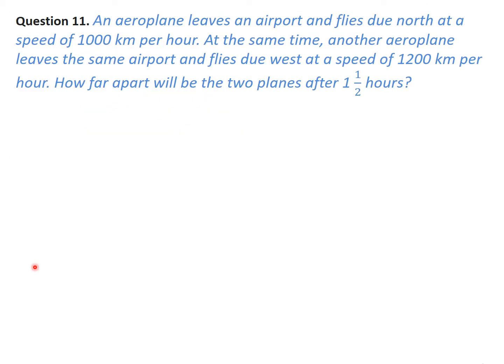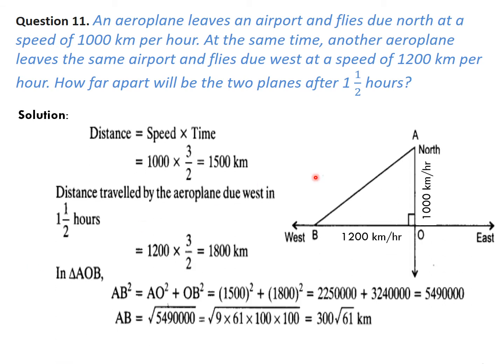Question number 11. An aeroplane leaves an airport and flies due north at the speed of 1000 km per hour. In this diagram we can see that we have drawn a graph based on the east-west and north-south direction. Let O be the position from where an aeroplane leaves the airport.